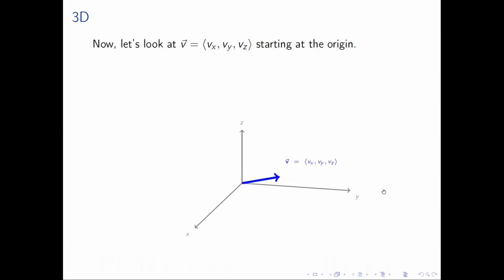Now I want to explain the distance formula a little bit. Let's look at the vector V, where V sub x, V sub y, and V sub z are the components given. Drop down a perpendicular to the xy plane. The xy plane is right down here.